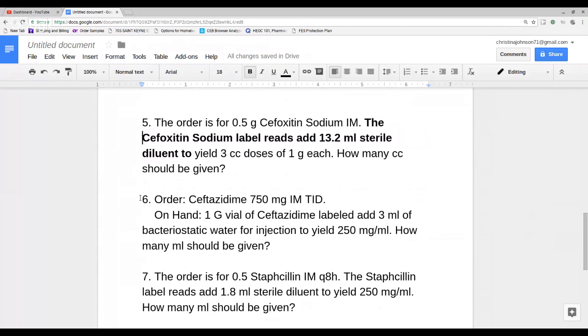All right, so moving on to number 6. So the order is for ceftazidime, 750 milligrams IM TID, which means 3 times a day.